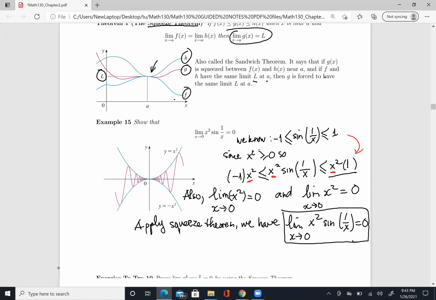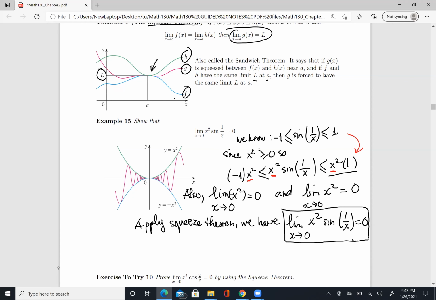Okay. Take a look at the graph over here. You can see that the red one should be x squared times sine of 1 over x, okay?